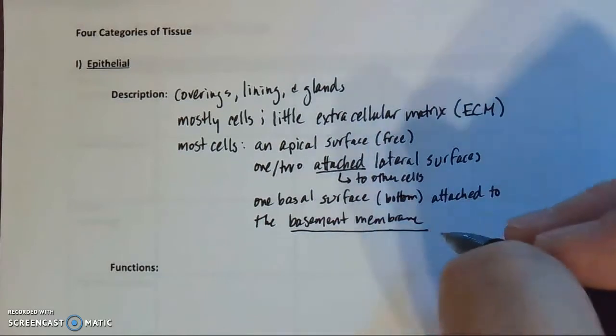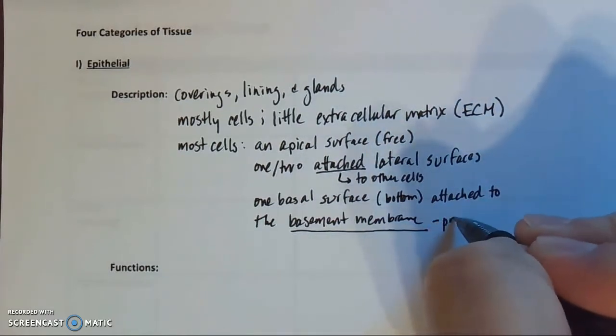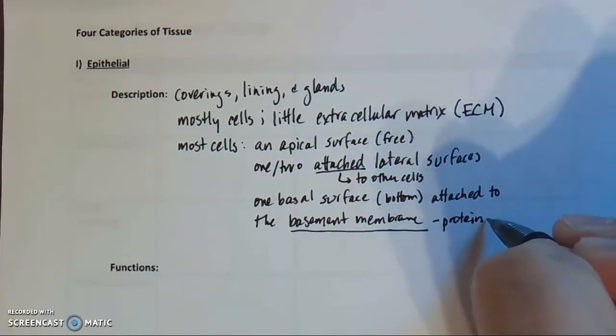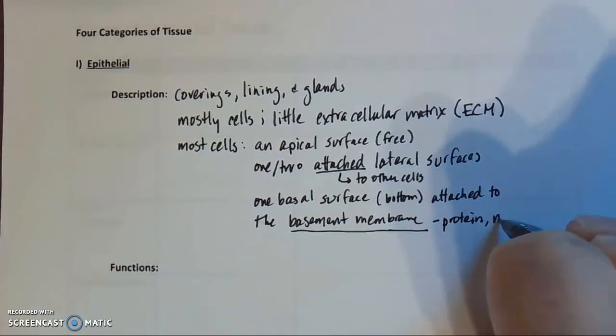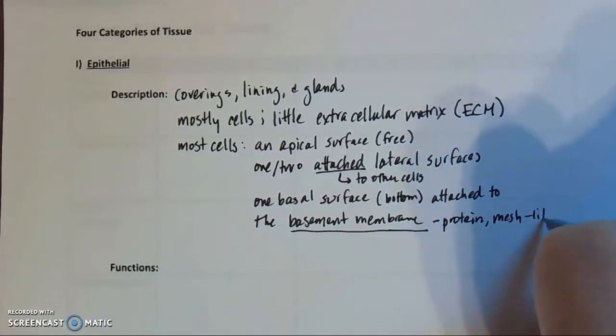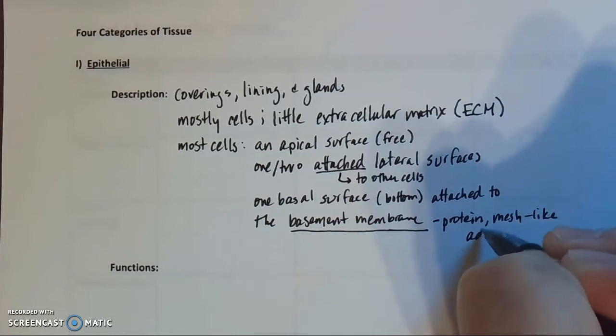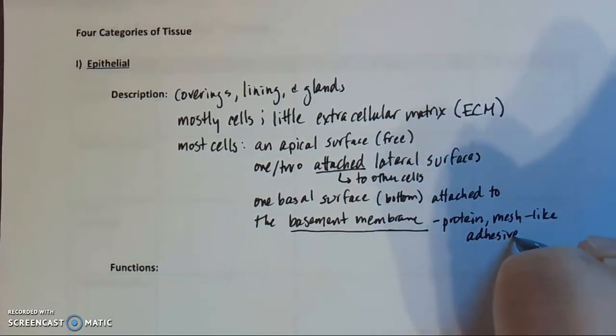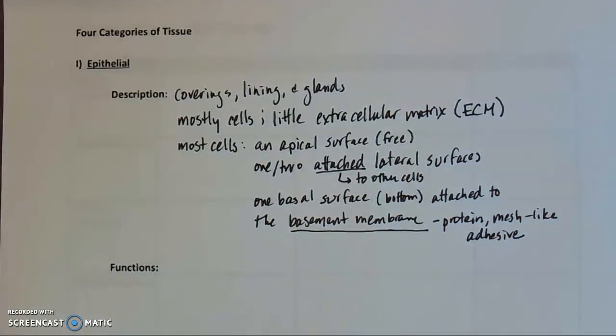And the basement membrane is a protein-like or a protein mesh-like adhesive. So it's like having a thick layer of glue the cell is attached to. It's not really glue, but it's a protein mesh that allows it to be attached.